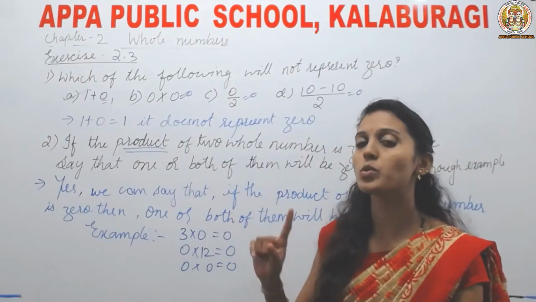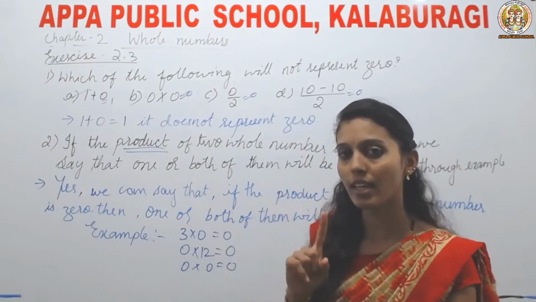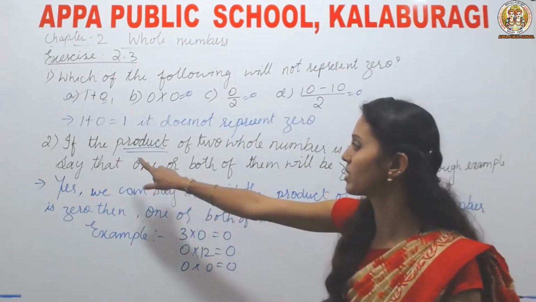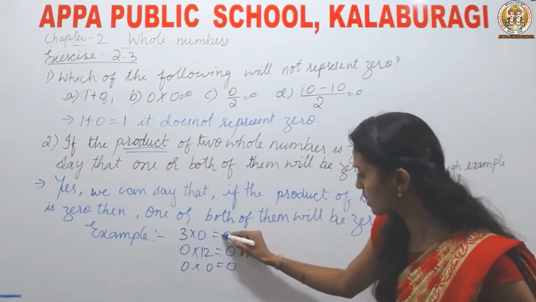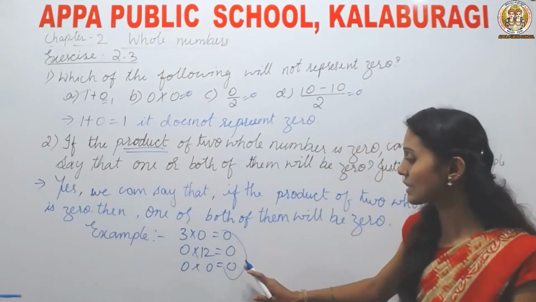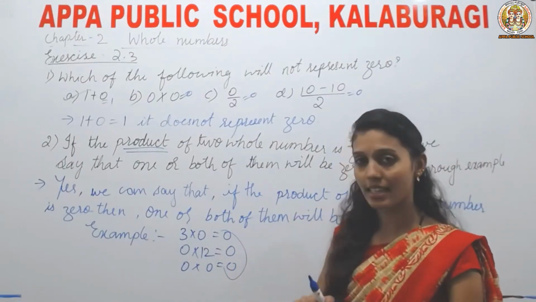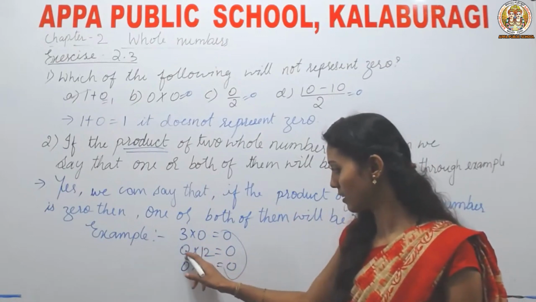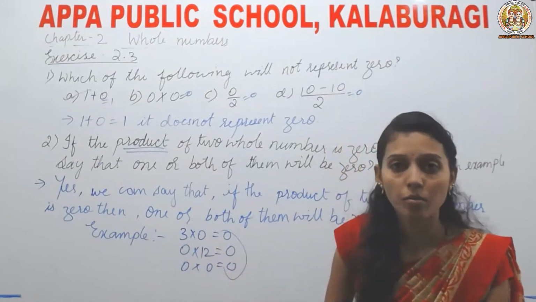In the next question also the same thing is there, but the digit is changed. So you have to see what they have given. Product is given. This is known as product. Product is 0, they have said. They just asked, can we say that either any one or both of them will be 0?